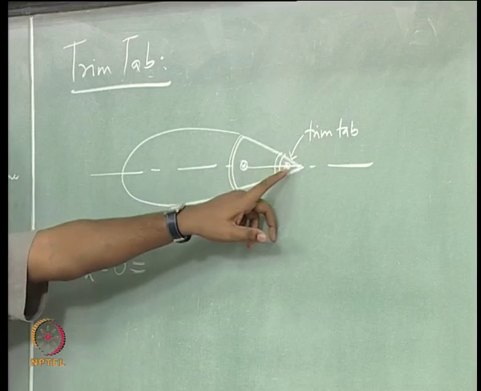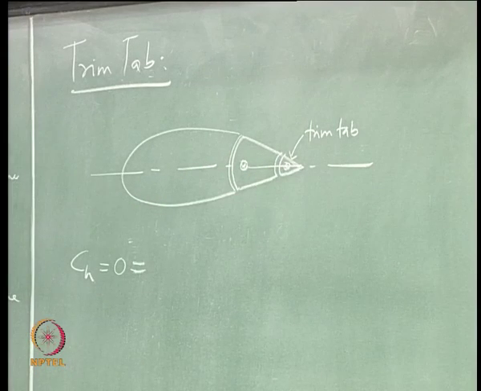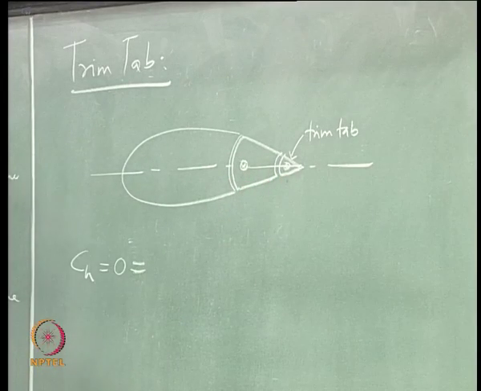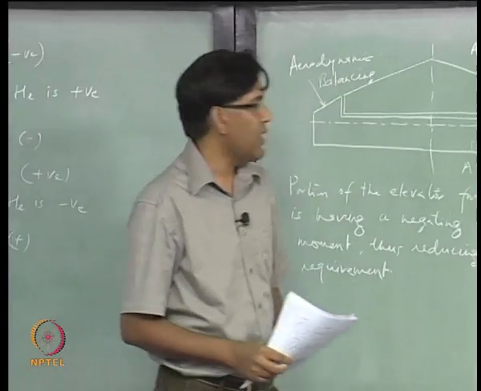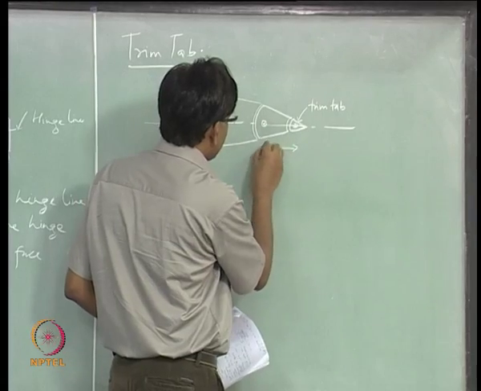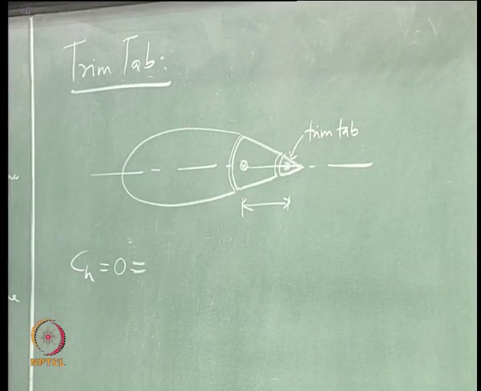So moment about this point is already 0, right. Look at what is happening. It's not going to change the lift on the tail much with such a small surface, right, but the arm length that it has is quite large, isn't it? So it's actually going to give a significant moment, but very small lift, negligible lift.